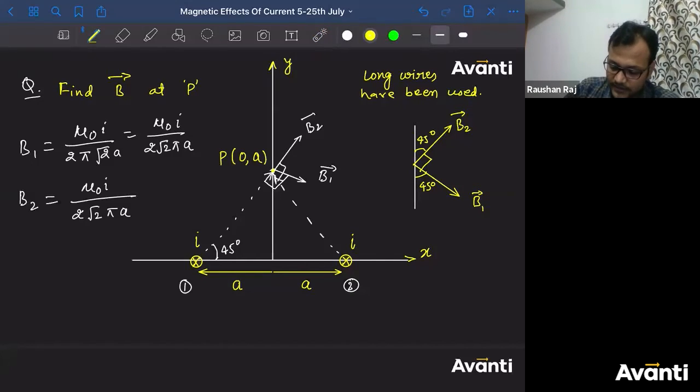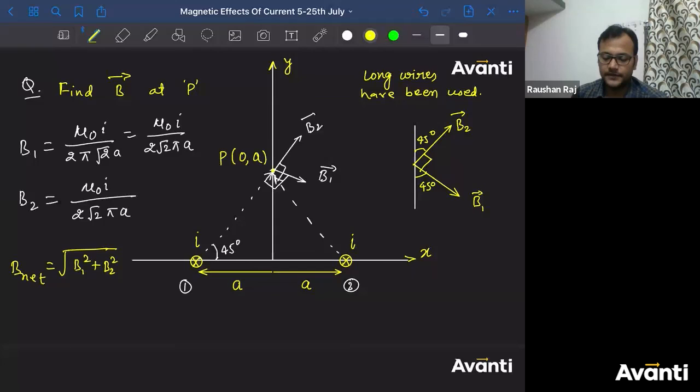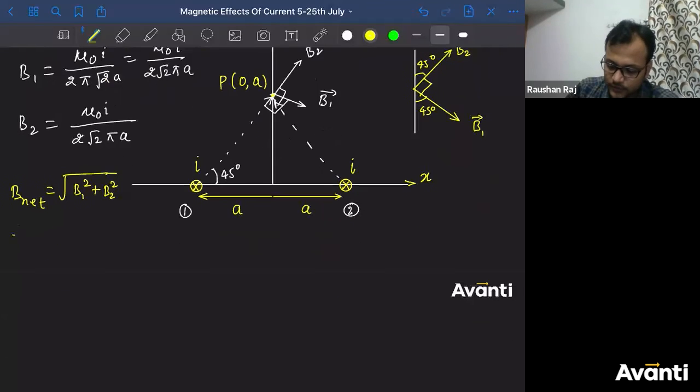So the net magnetic field will be equal to square root of B1 square plus B2 square. The answer will be square root 2 into mu naught I divided by 2 root 2 pi into a. So 2 root 2 cancel. The correct answer is mu naught I by 2 pi a.